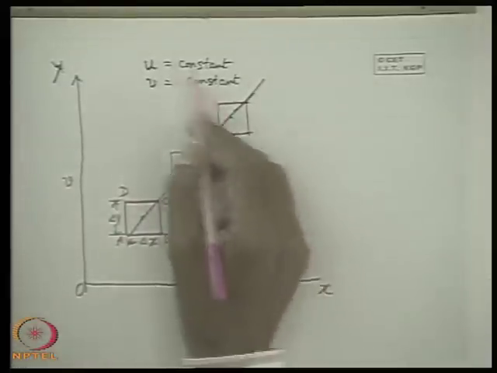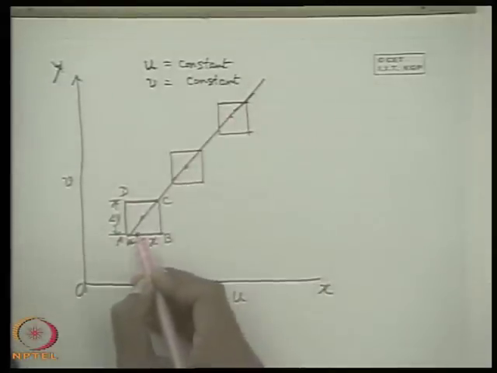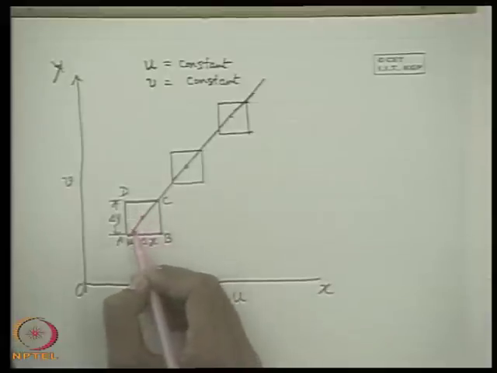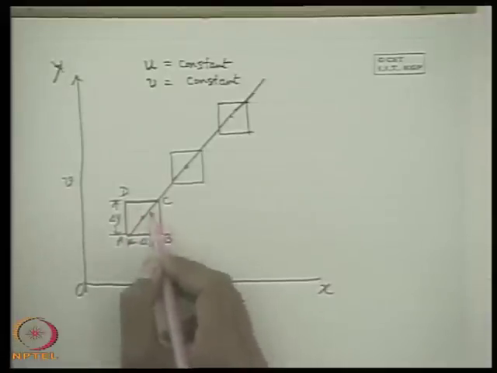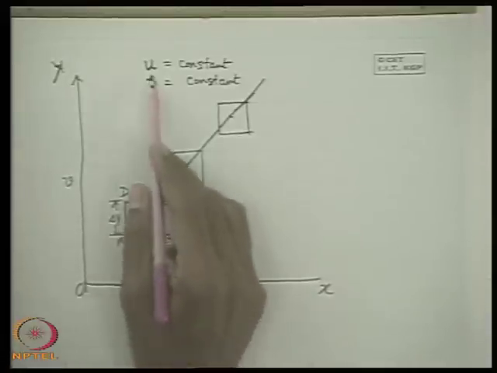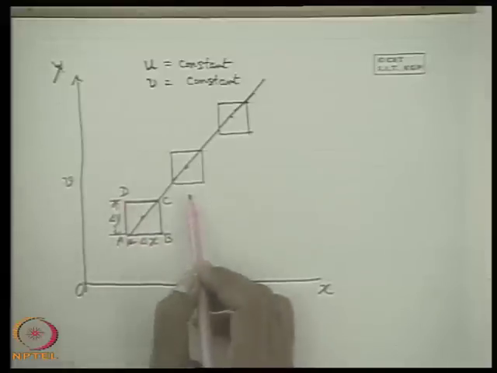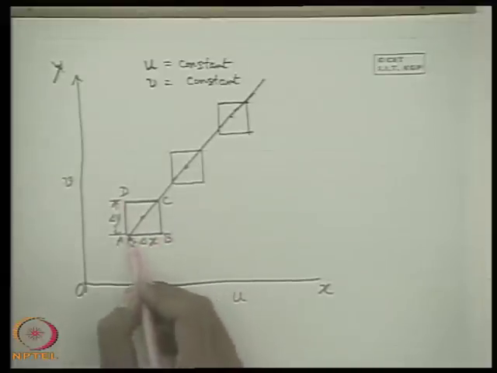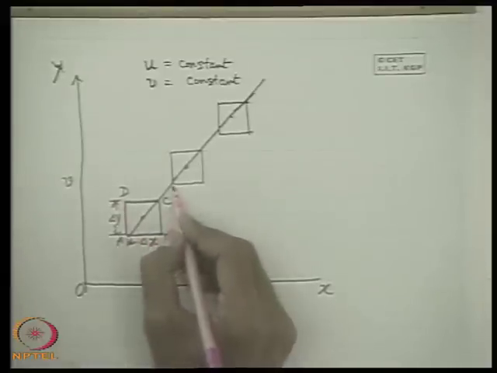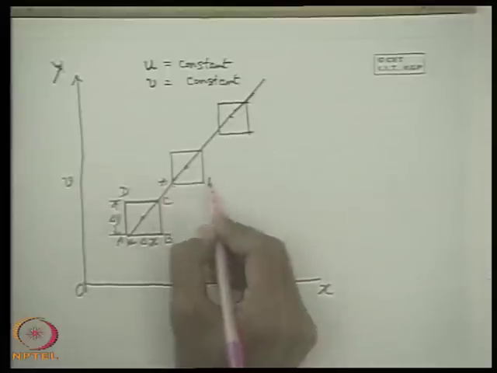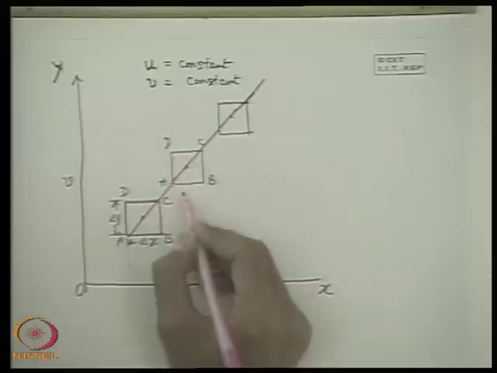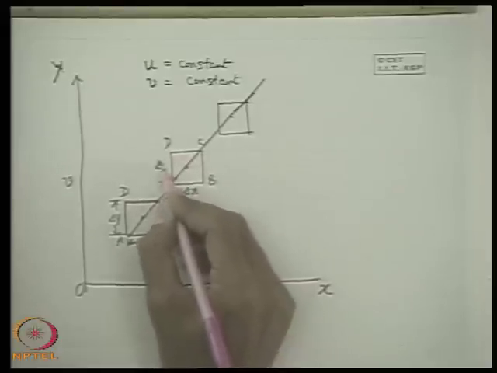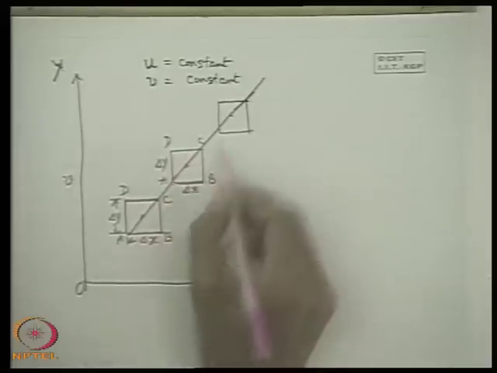Now since u, v are constant, each and every particle or point in this fluid element A, B, C, D will move with equal velocities in x and y direction. That means the lengths delta x and delta y will remain unchanged.